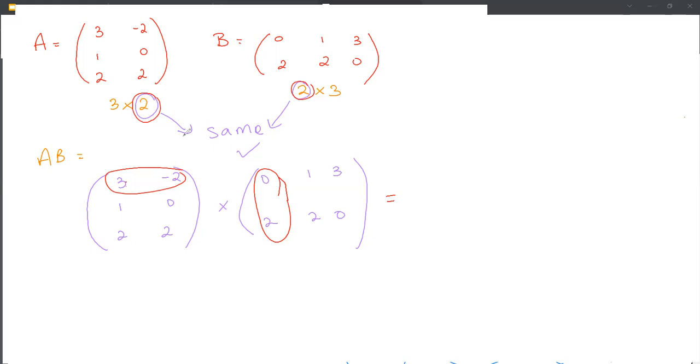So we're going first element in your first row times the first element in your column in your second matrix. So first times the first plus the second times the second. So the second element times the second element.